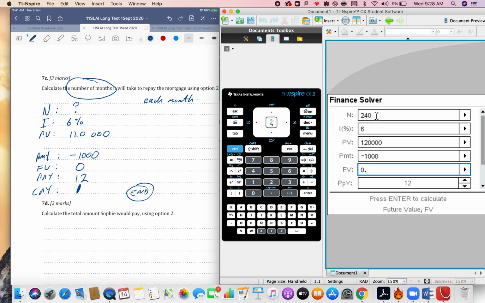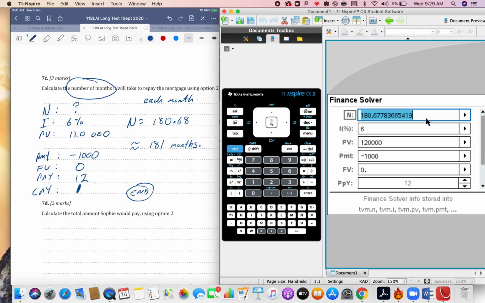Now N is the number of payments, and N equals 180.68 payments. That's approximately 181 payments, and if we're paying each month, that's 181 months of payments needed.